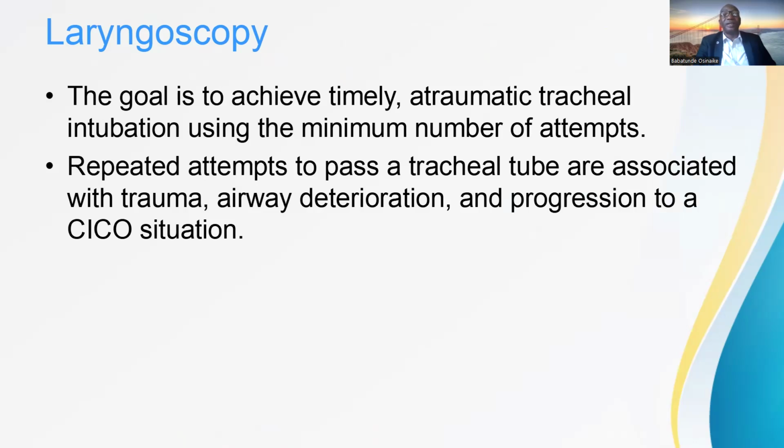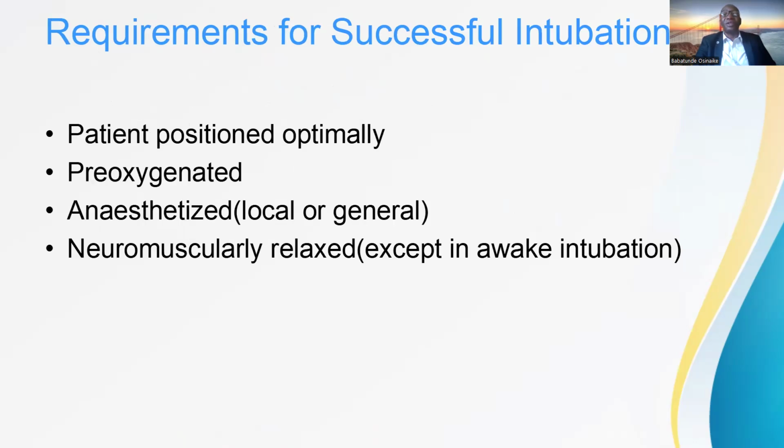So that ideally you shouldn't go more than 3 attempts. In fact, you don't have to go all the 3 attempts. If you know after the first attempt you're unable to intubate this patient, let somebody more experienced take over from you. So requirements for successful intubation include you must position the patient well, pre-oxygenate, and also give oxygen at intubation.